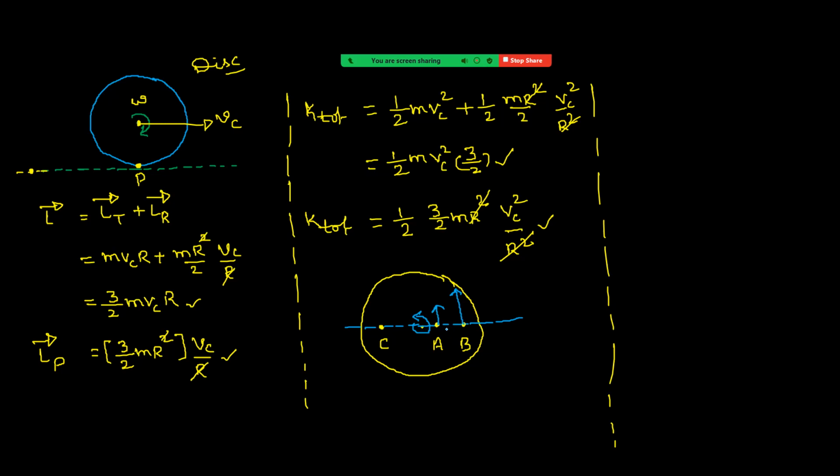From this we can say that the axis of rotation is closer to point A. It is outside these 2 points, not in between them. See carefully. When we are given 2 points A and B with the same velocity directions, the axis of rotation is outside these 2 points. Is it closer to A or closer to B? It is closer to A, the point which has less speed. So like this, we can guess it is outside these 2 points.